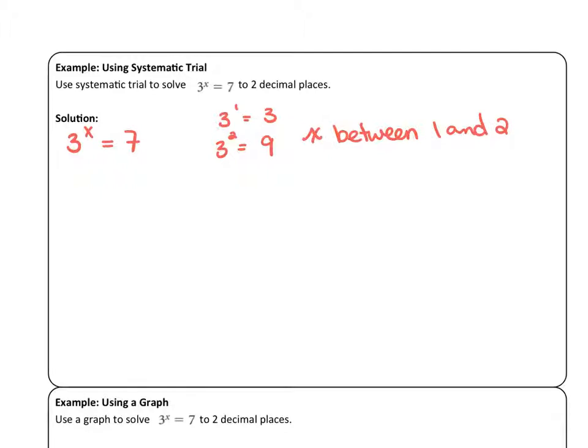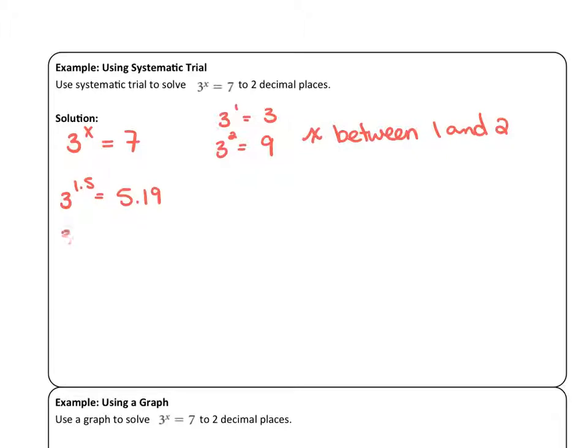So I start to choose values between that and just trial and error it. I'm going to choose 1.5, and on my calculator I go 3 to the exponent 1.5, and I get 5.19, which is too far under, so I need to go over.